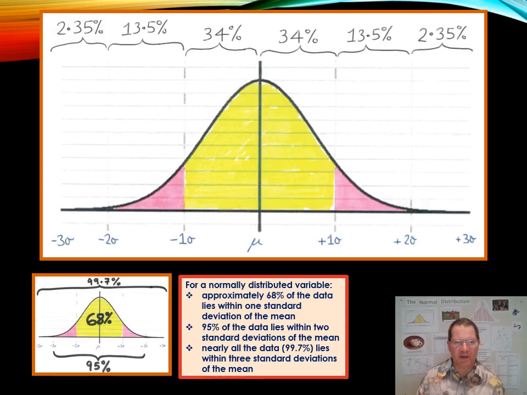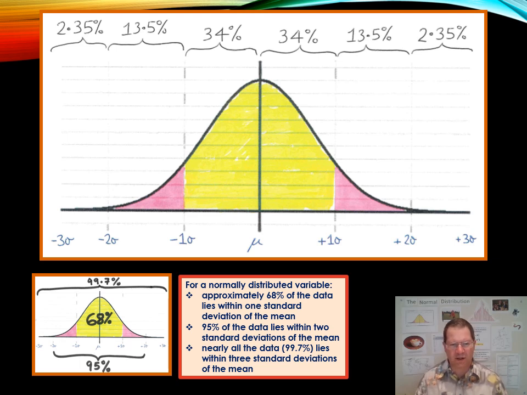Another way of looking at the same information is to divide the graph up into 6 different parts. So in the middle, from -1 standard deviation to the mean, that's 34%, because it's half of 68, and then 34% between the mean and +1 standard deviation. If we take our 95%, take away the 68, and then chop that in half, we find that 13.5% of the data is between -2 and -1 standard deviations, or +1 and +2 standard deviations.